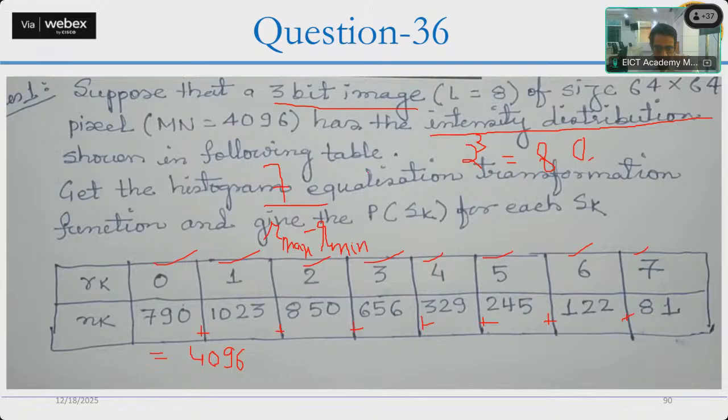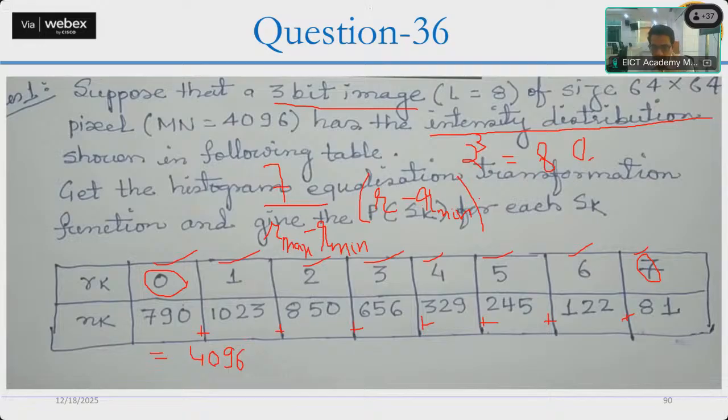If you see here, r max is 7. 81 values are there for gray level 7. What is the minimum? Minimum is 0 here, right? So we write 7 minus 0, it is 7.